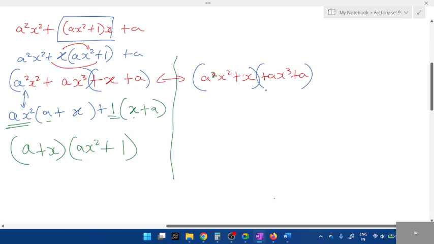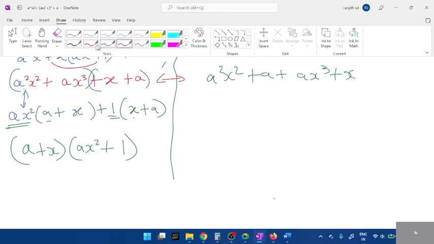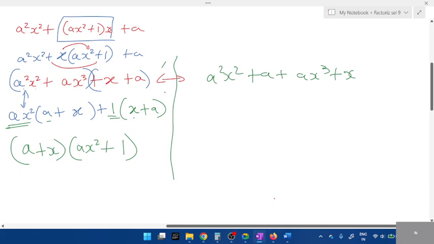Okay, here we're not getting anything common, right? If you rearrange like this. So let me take a square x square and the last one, students, plus a plus ax cube plus x. So which two numbers did I pair? What are the two numbers? The first and fourth, second and third. Okay. So you should get the answer. A common, you get ax square plus 1.